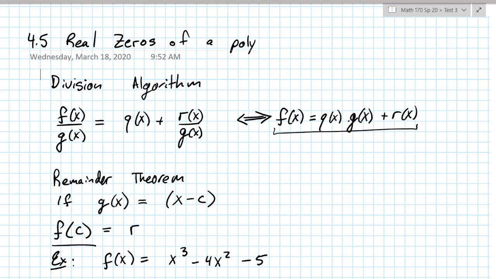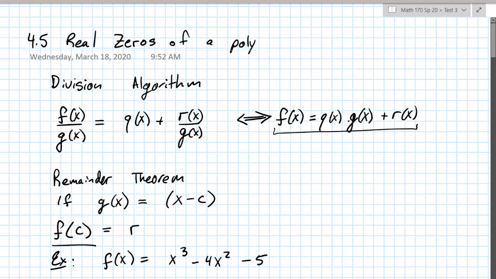The way this works is if we start with a polynomial, f of x, we can write it as q of x times g of x plus r of x. Or if we wanted to divide both sides by g of x, we can write it as f of x divided by g of x is equal to q of x plus r of x over g of x.